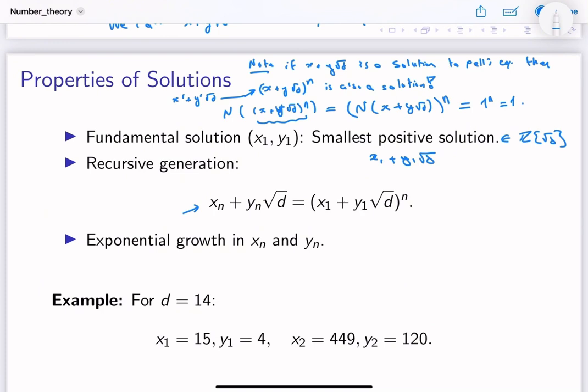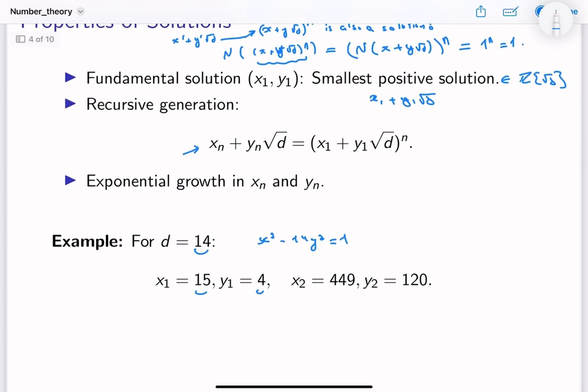For example, if we're solving x squared minus 14 y squared equals 1, then the tuple (15, 4) is a solution, and if we square this, let me write it this way, if we square it, we get this thing.